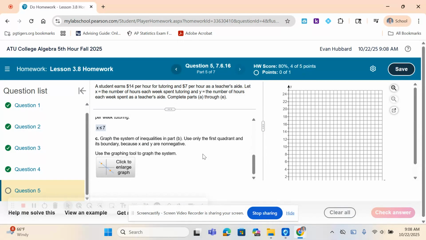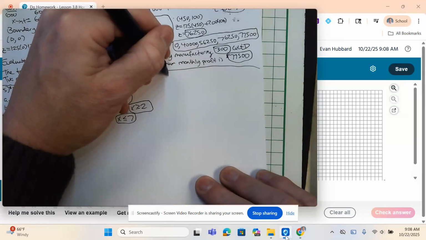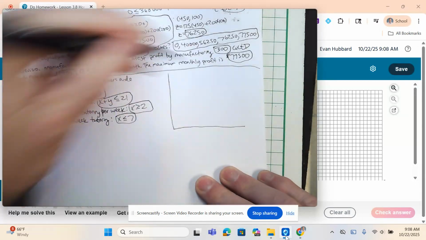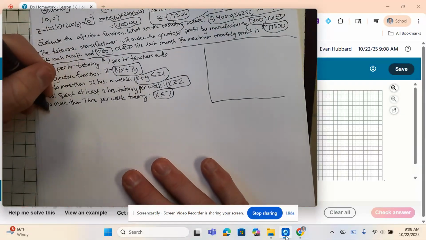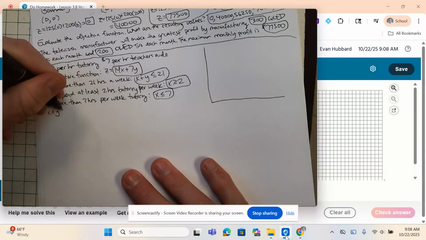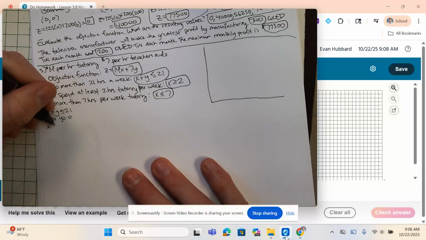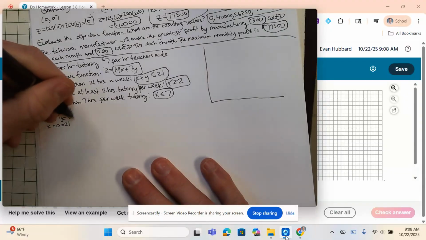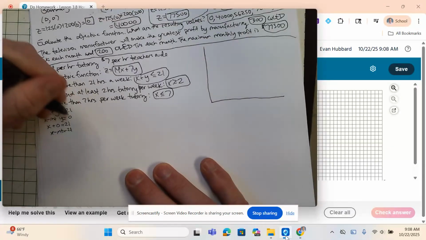Now we're going to graph it. For no more than 21 hours per week, I'm going to find the x-intercept using the intercept method. To find the x-intercept, make y equal 0. So x plus 0 is equal to 21. The x-intercept is 21.